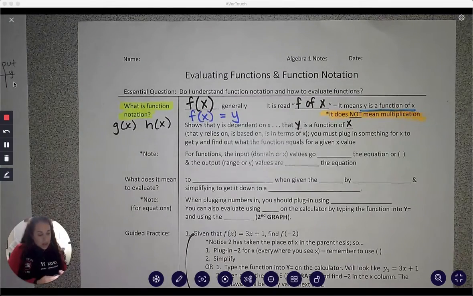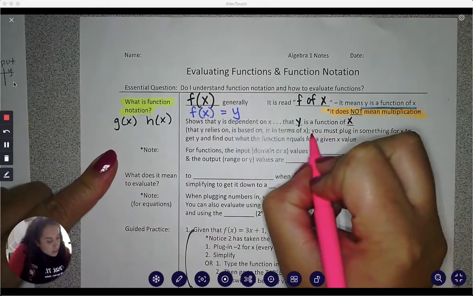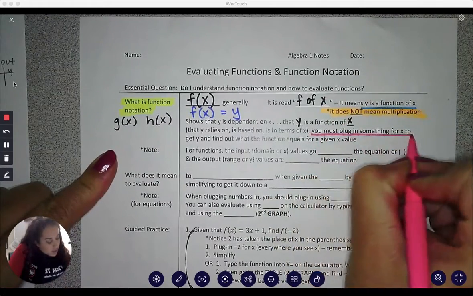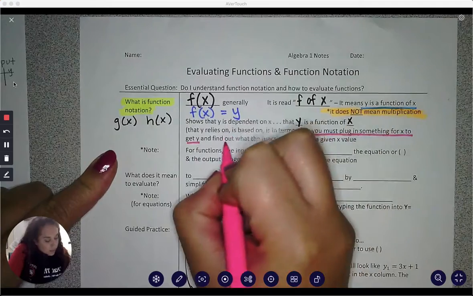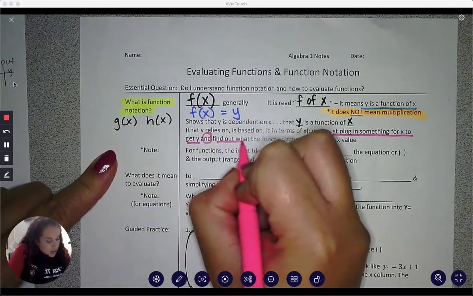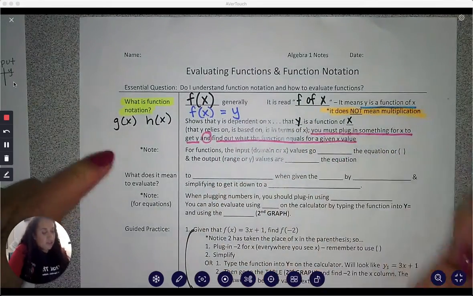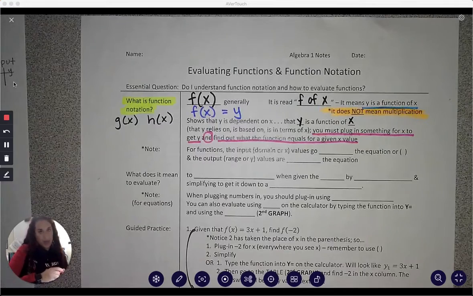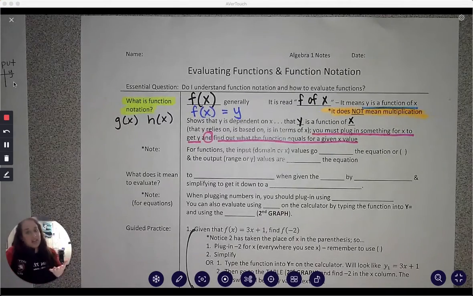This is super important: you must plug in something for x to get y and to find out what the function equals for a given x value. In order to figure out what y is, we have to plug in an x value.